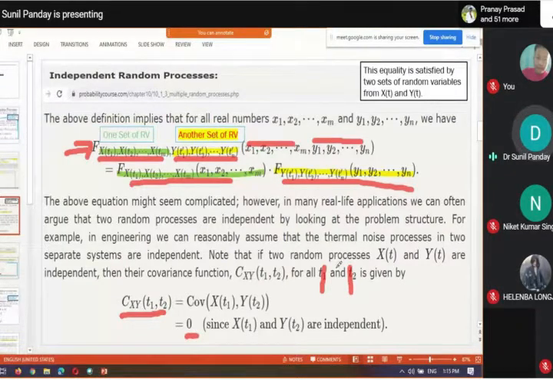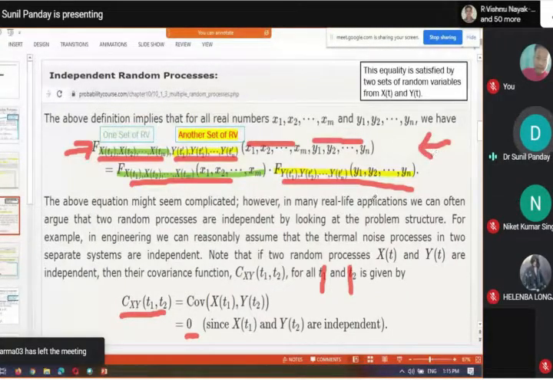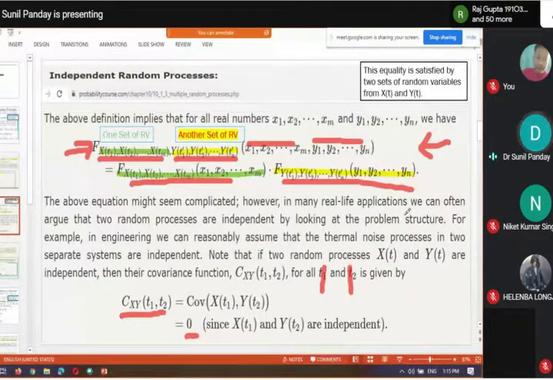And this is true for all t1 belonging to capital J and for all t2 belonging to capital J dash. So this is the way we define independence of random processes. You can generalize this concept to more processes, like this is one set X, the next is Y, and if you take one Z, you can generalize in this way.